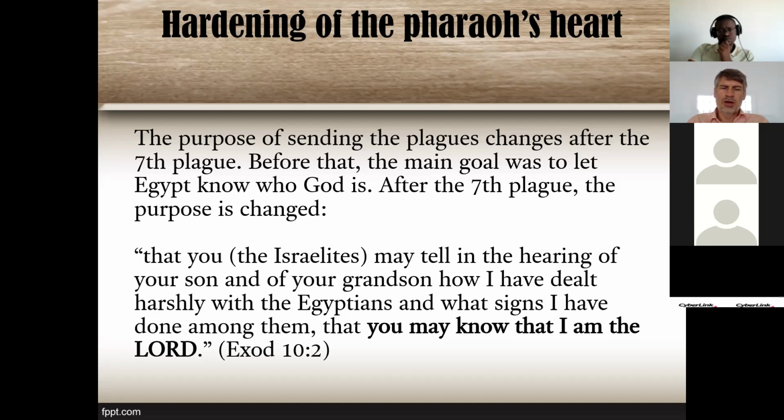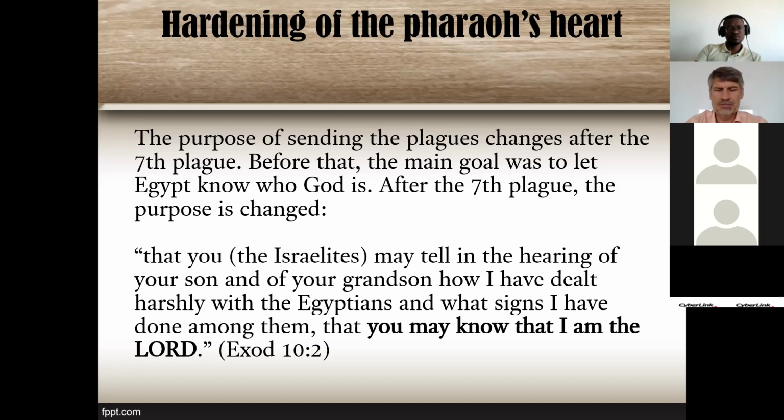If before, the most common phrase after each plague was that Pharaoh or the Egyptians should know who God is, now when Moses speaks to the people, he says that you, the Israelites, may tell in the hearing of your son and of your grandson how I have dealt harshly with the Egyptians, and what signs I have done among them, that you may know that I am the Lord.